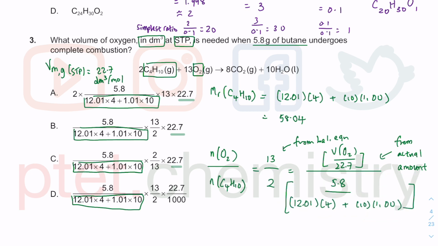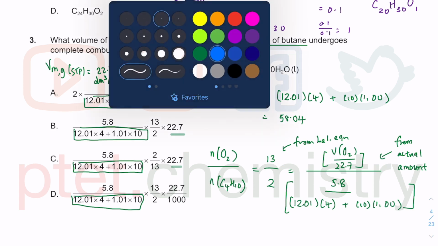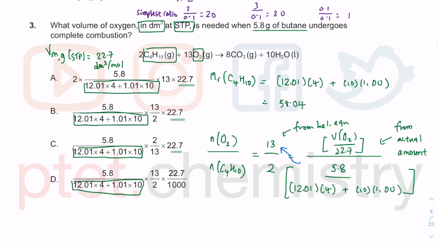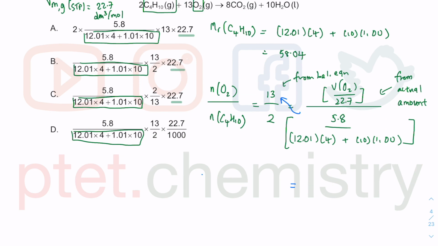So these are values, and what we really do is move that up there. The bottom bit moves up there. So 13 over 2 multiplied by 5.8, and I'm just going to write the MR of C4H10, which basically means the whole of these, which there was no problem with for all the options. And this is volume of O2 over 22.7.